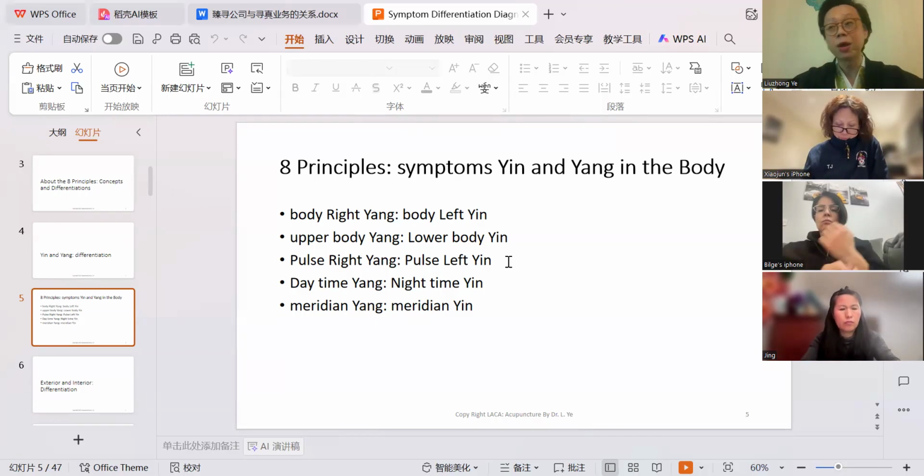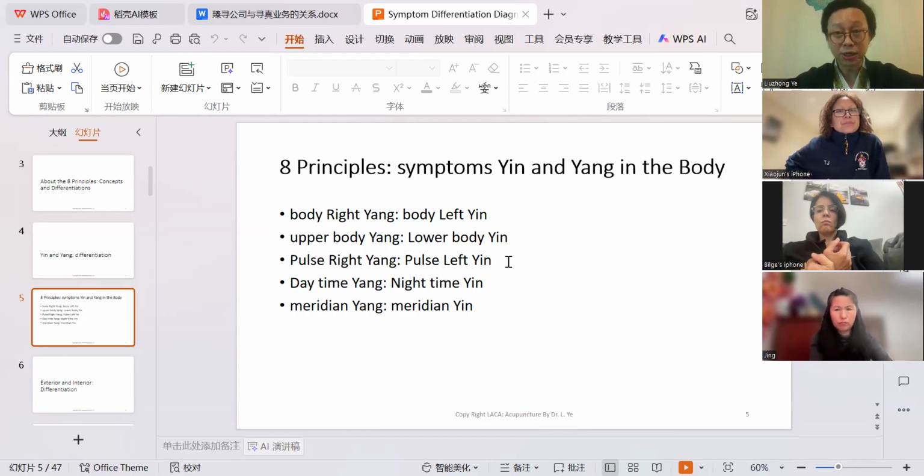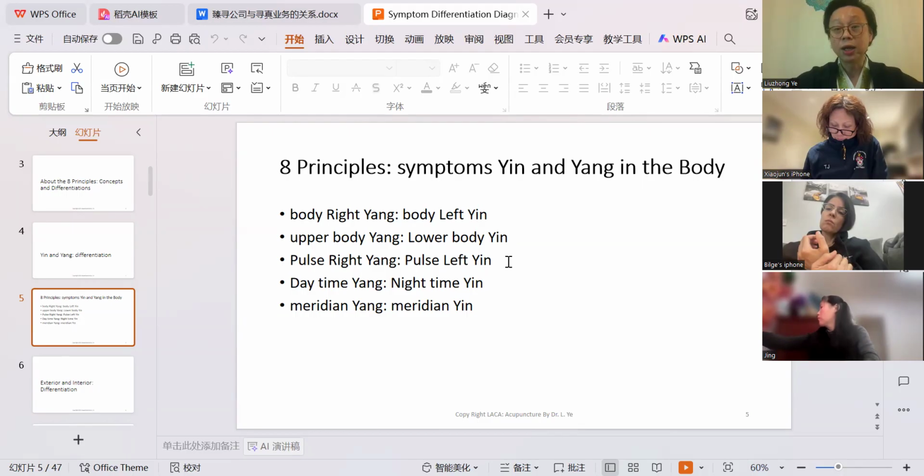If people come to you to say, am I a hot person or a cold person, and is it yin deficiency or my qi deficiency, how can you tell? You can tell from the pulse. If the left side is weaker and thinner, it has to be blood and yin. If the right side is thinner, it means qi and yang deficiency.